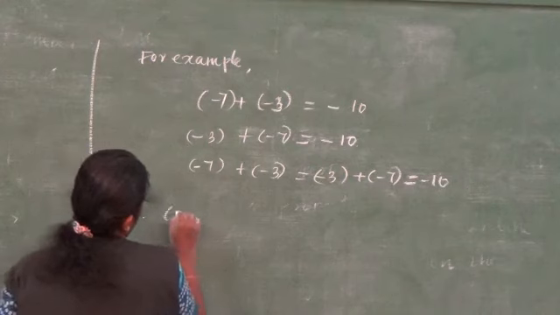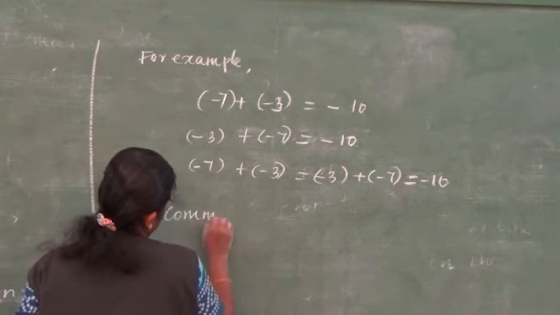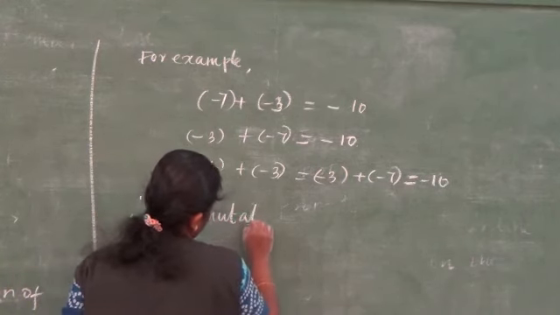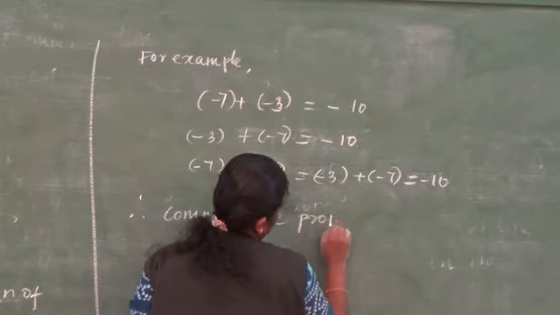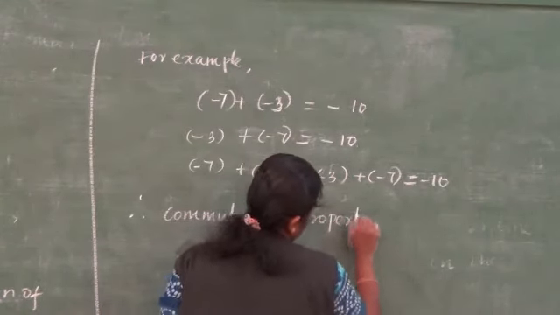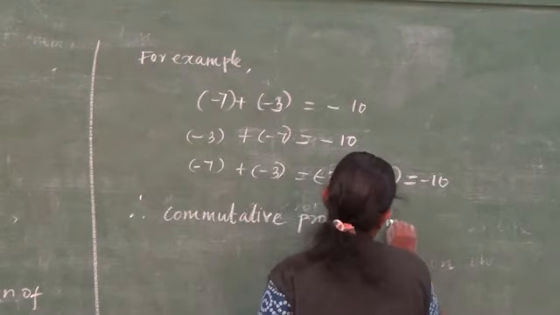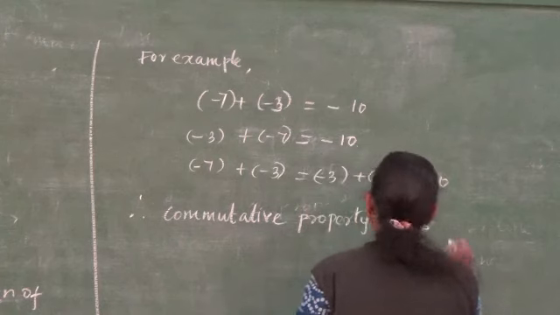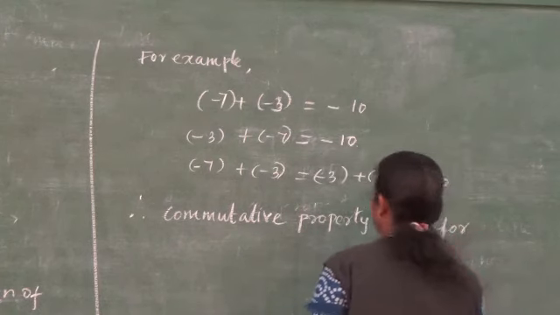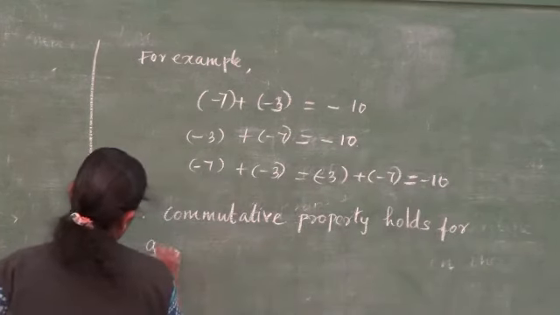Therefore, commutative property holds for addition of integers.